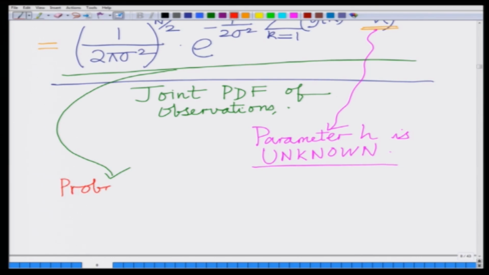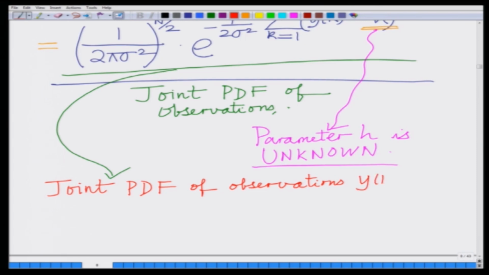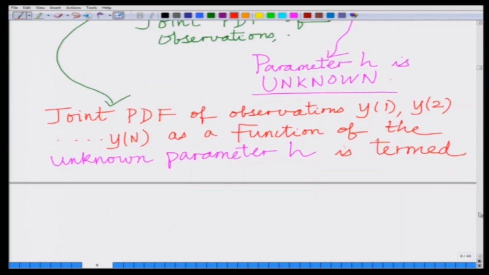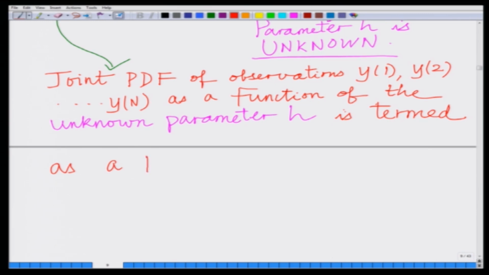Let me put it this way: the joint PDF of your observations y1, y2 up to yn as a function of the unknown parameter h is termed a likelihood function.